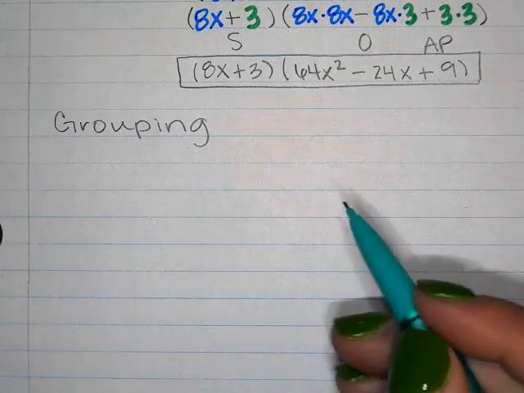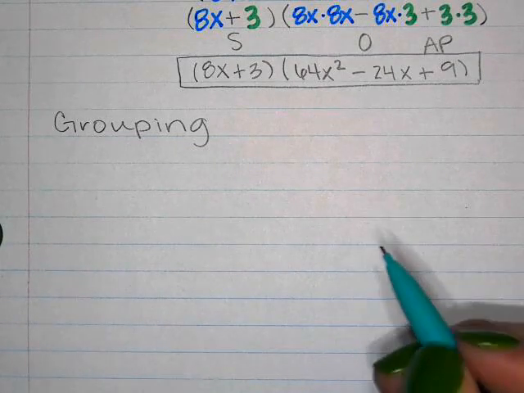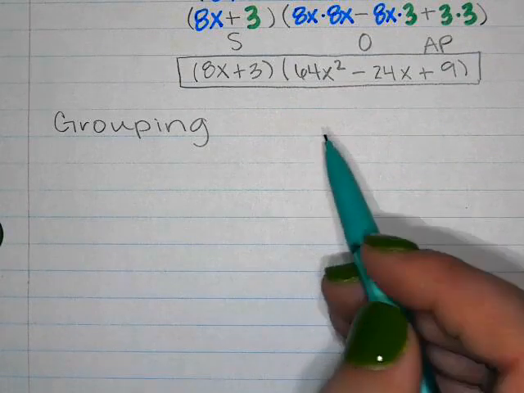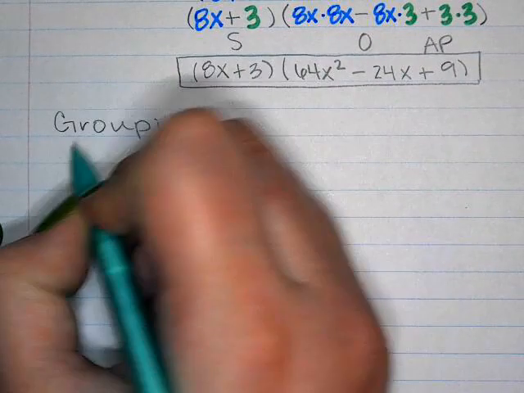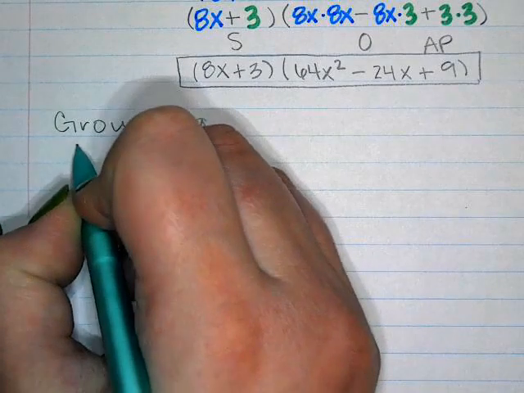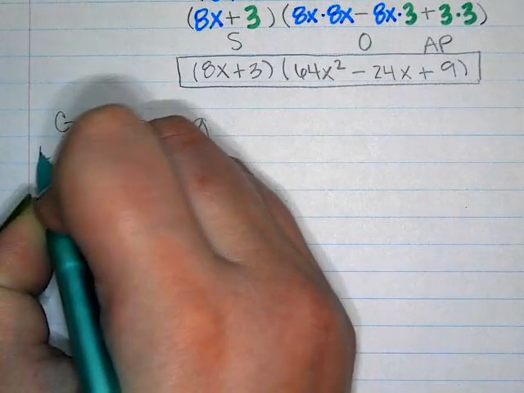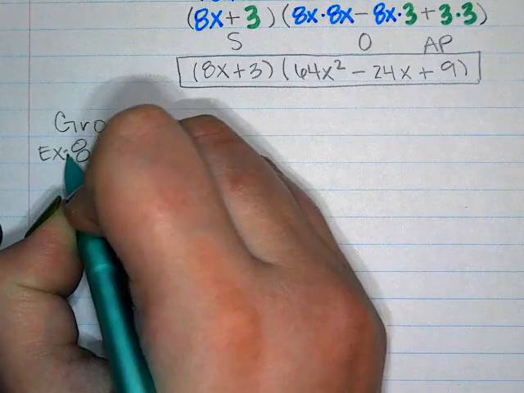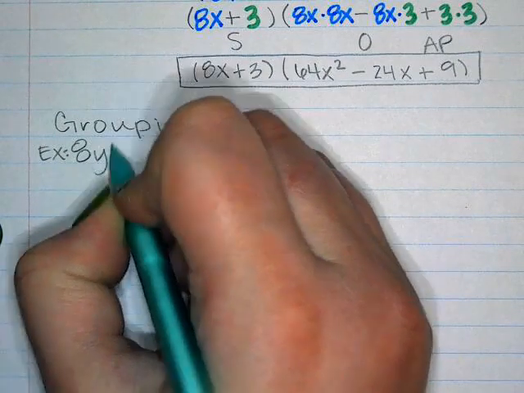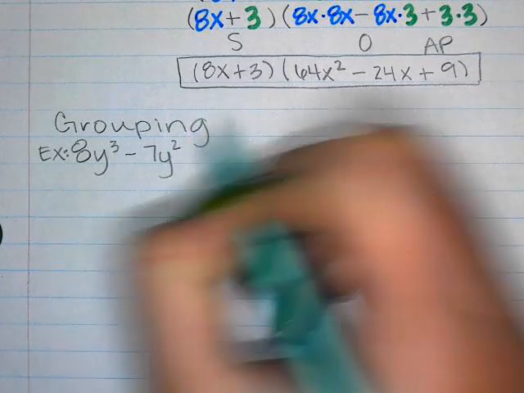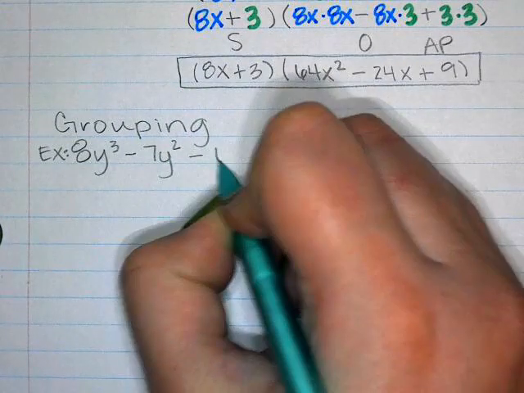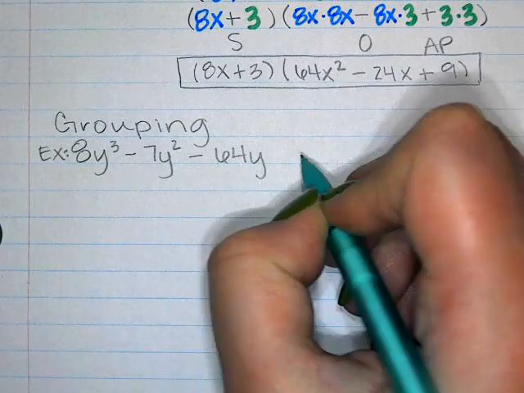So factoring by grouping is pretty easy to recognize because you're going to factor by grouping when you see 4 terms. So here's our example. We're going to do 8y to the third minus 7y squared minus 64y plus 56.